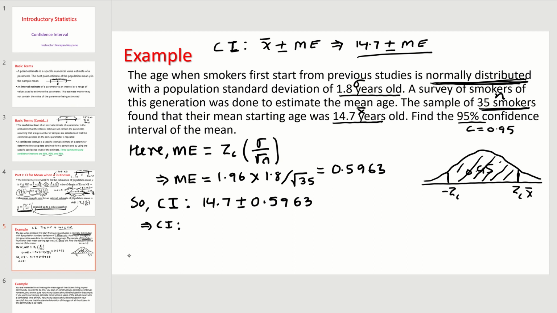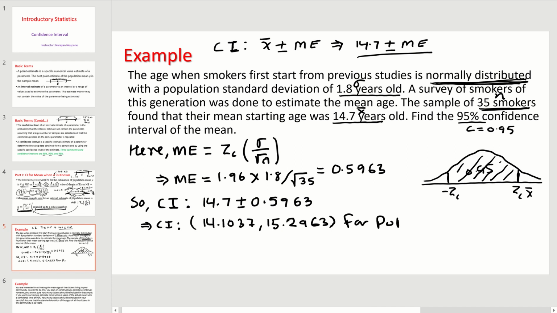The confidence interval is from 14.1037, that's the lower value, up to the upper value, 15.2963. That is the confidence interval for the population mean, which is mu.